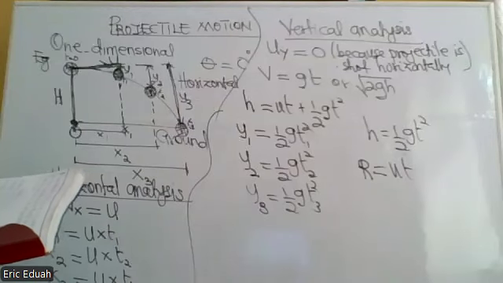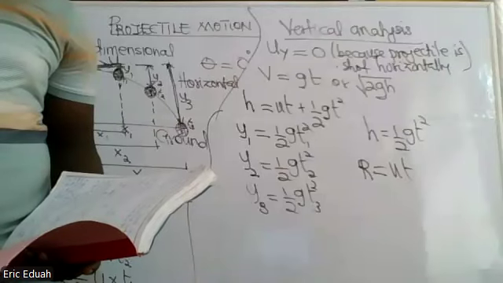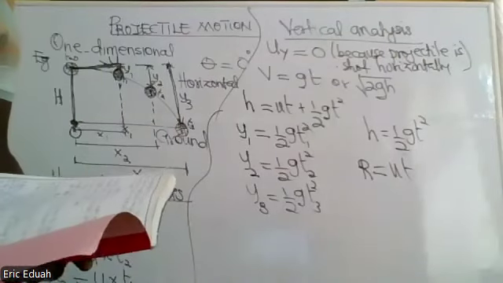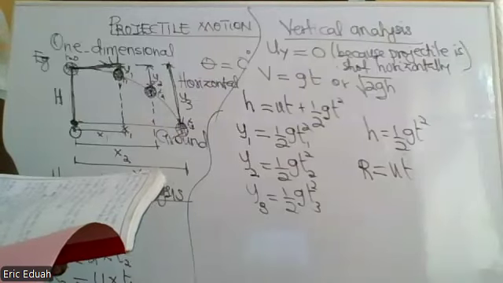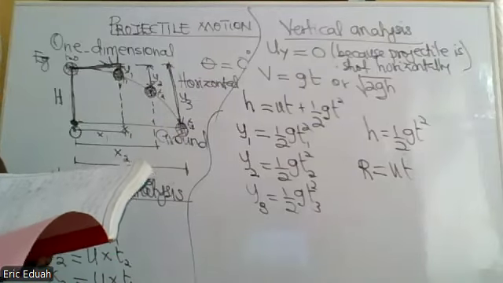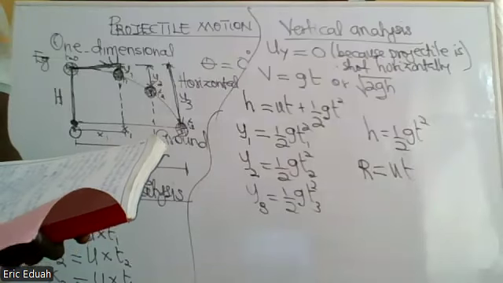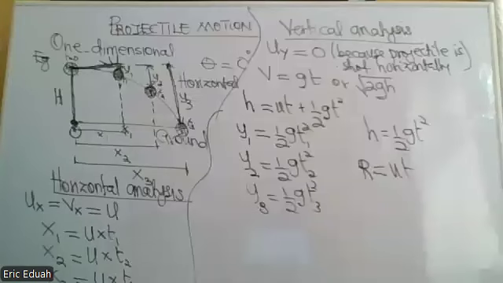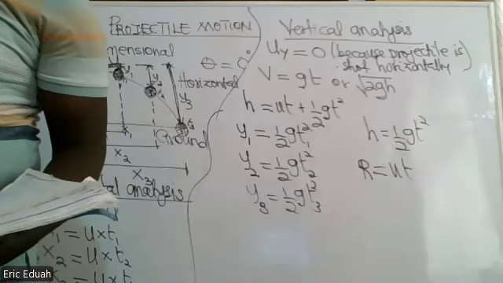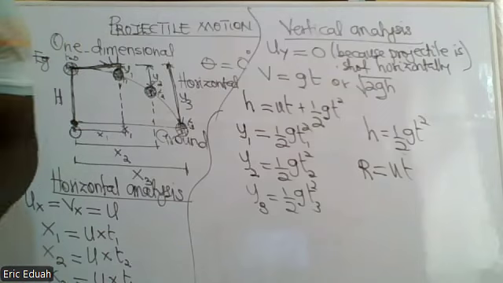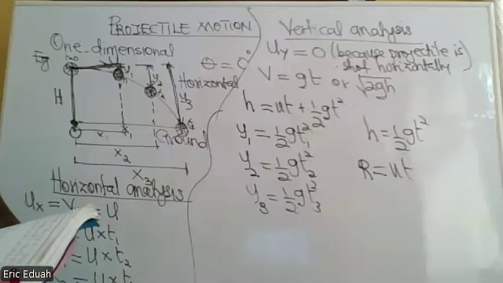Yes, sir. Okay, so a ball is positioned at the top of a tower 90-meter high, thrown horizontally with a velocity of 25 meters per second.